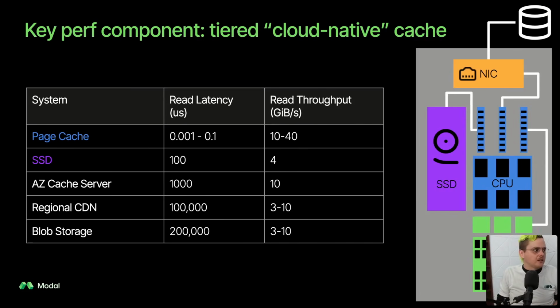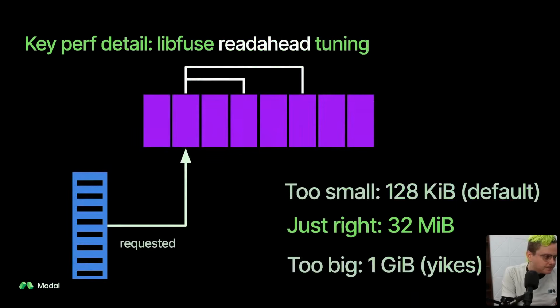So we cache things in availability zone cache servers in some cases, but we especially like to serve them out of regional CDNs and out of blob storage. That being the bottom layer of the cache gives you your durability and the highest latency, maybe the lowest throughput in some cases, but gives you your total backing storage.